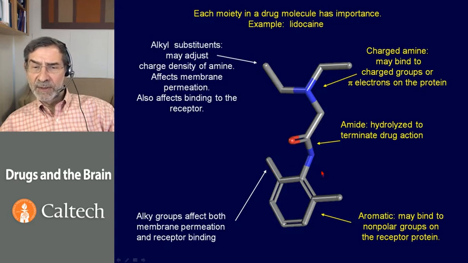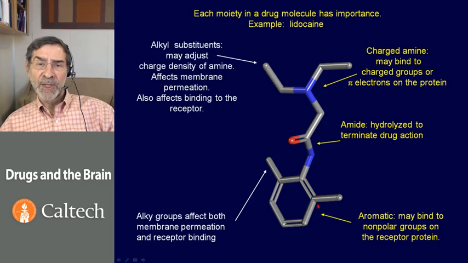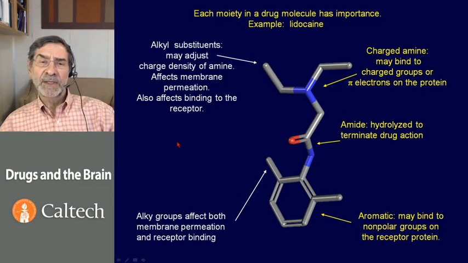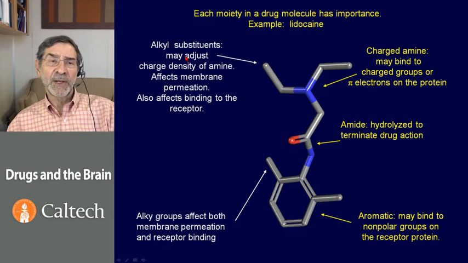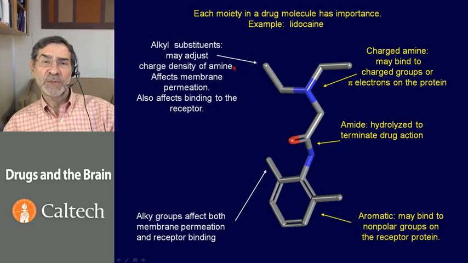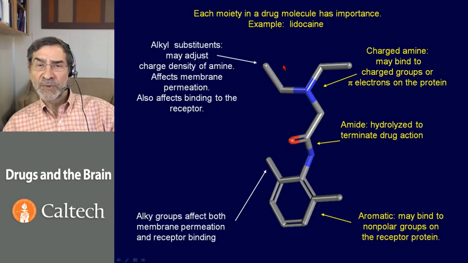Most drugs like lidocaine have aromatic groups which can bind to nonpolar groups on the receptor protein. In addition to these moieties, medicinal chemists tune up the function of a molecule by adding substituents such as alkyl groups. Here are two ethyl groups on the amine.